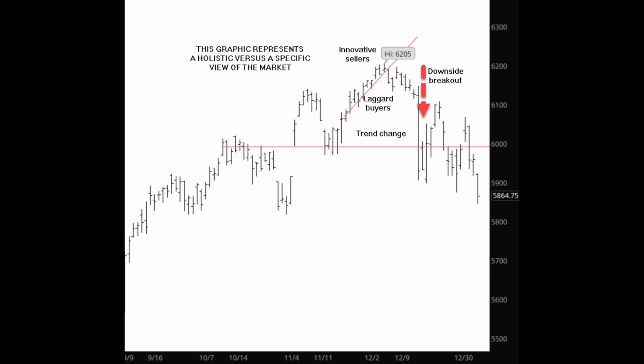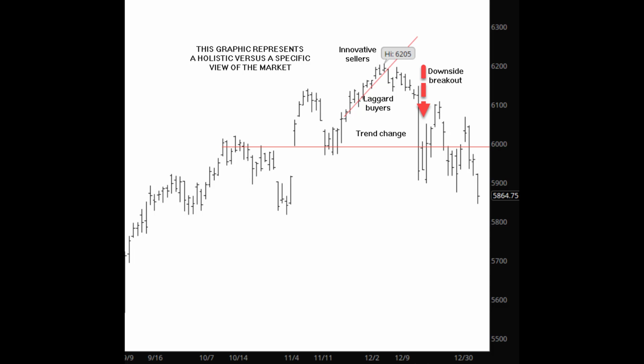The late laggard buyers were met by the innovative sellers. When the market broke to the downside, that starts to show you when you have your early adopters, followed by your early majority and late majority. It's too early to tell if we've seen any laggard selling yet at this point in time.